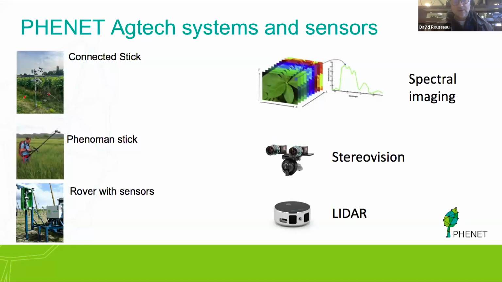The last system is our rovers with sensors that we target specially for orchards. They also include RGB cameras, but also LiDAR to be able to measure the height, measure the shape, count the number of fruit, estimate some colors, and this over time because you have the possibility to come back over and over.